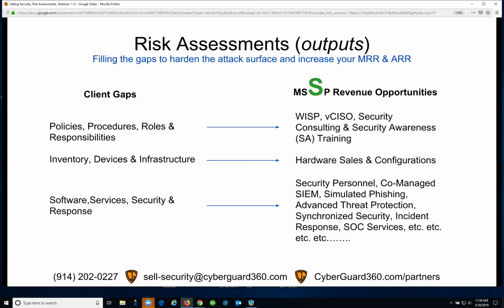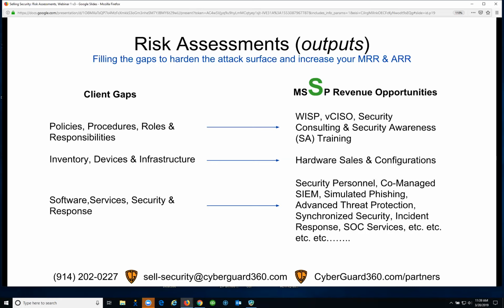You have an obligation to help them fill those gaps in, and you filling that in is your revenue line. It's not all top line revenue, but it all goes to the top line with significant margins. When I say significant, we have risk assessments where people are making 90% on the dollar. So the margins are huge, depending on what you're selling.